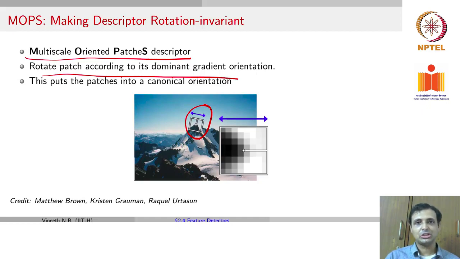By rotating the patch to its dominant gradient orientation, you are ensuring that all key points have a canonical orientation which is the same. So if you rotated a particular artifact in image 1 and image 2, because the orientations would be different, when you canonicalize them, they both would end up getting the same descriptor in both of these cases. That's the idea with a multi-scale oriented patches descriptor.